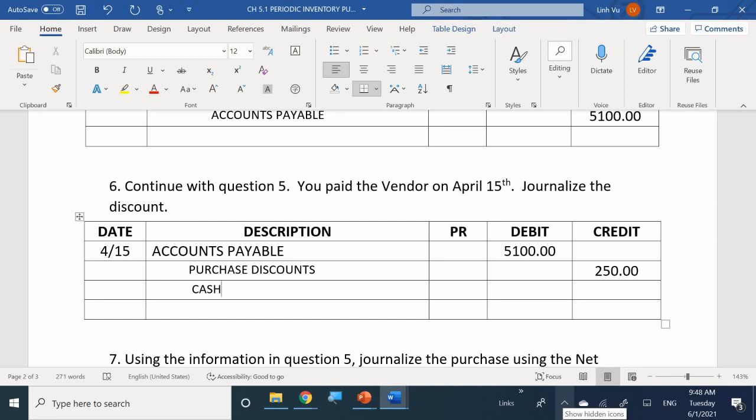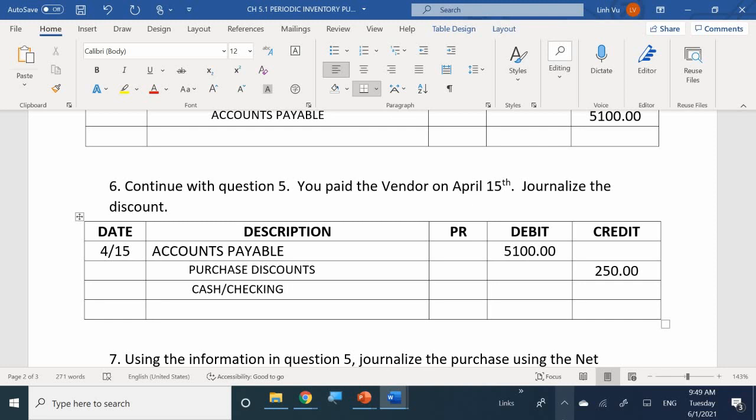But wait, question. Yes. Because we can't discount the freight charges, and the freight charges is included in that 5,100. Would we be discounting the full 5,100 or just the cost of the products?